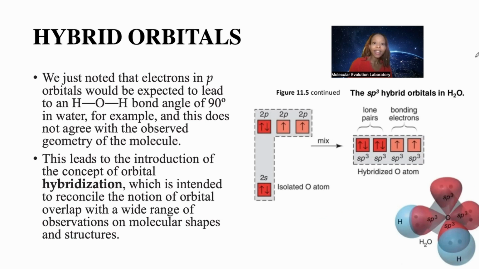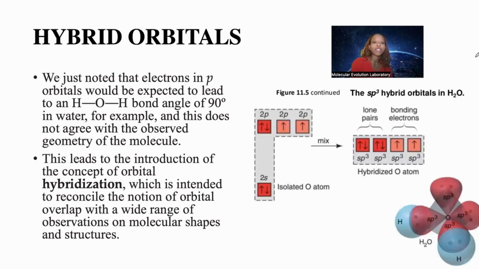So we just noted that electrons in p orbitals would be expected to lead to an HOH bond angle of 90 degrees in water, for example, and this does not agree with the observed geometry of the molecule.